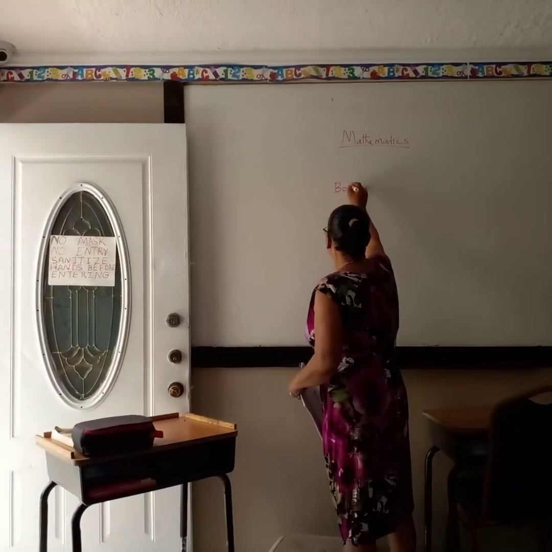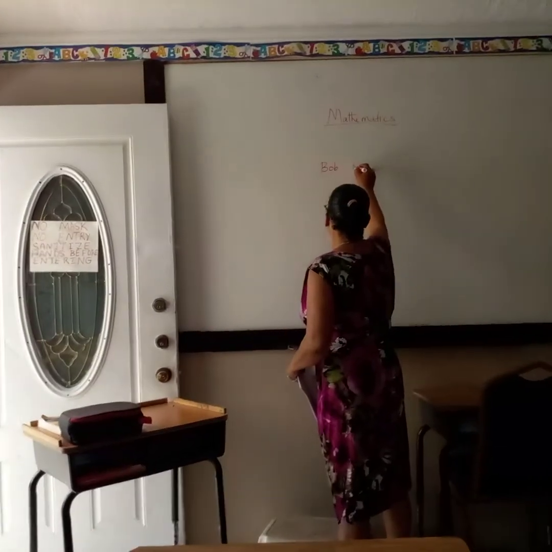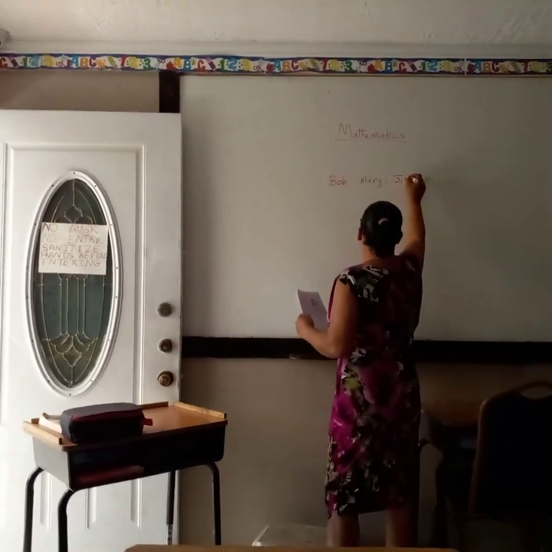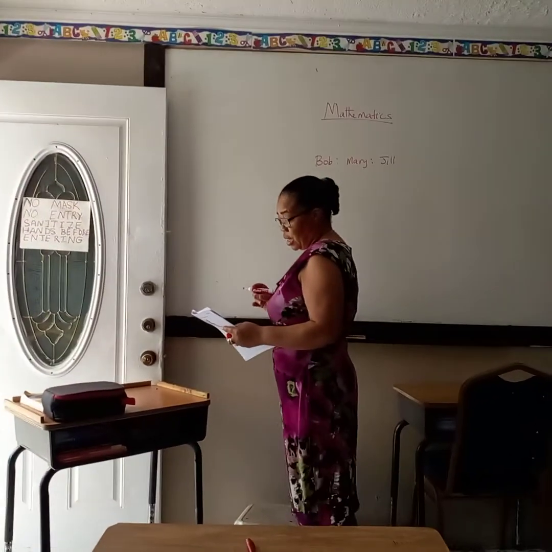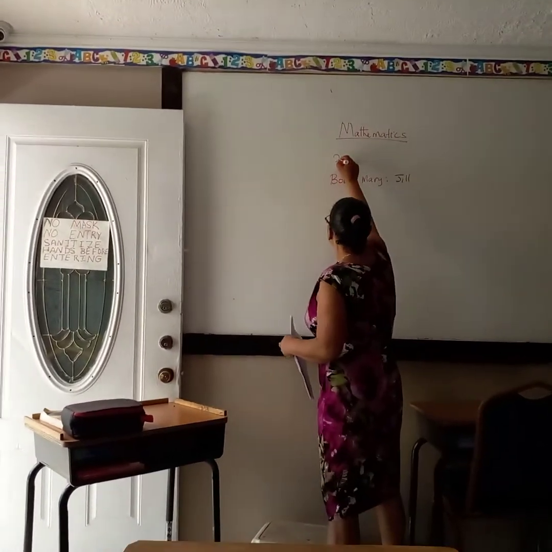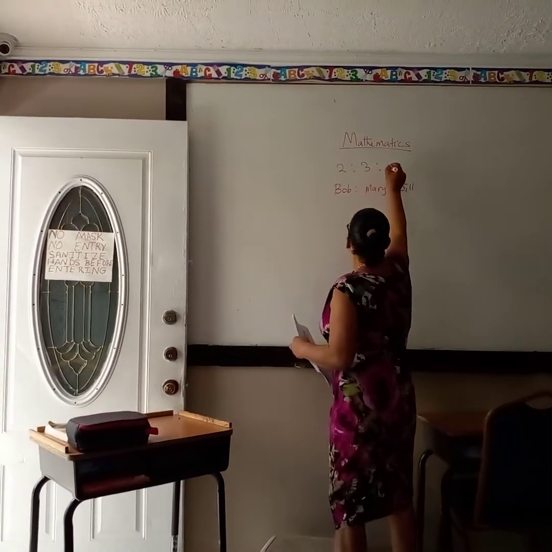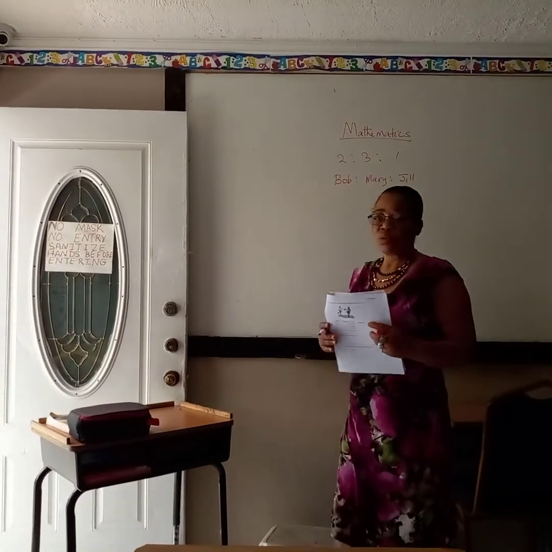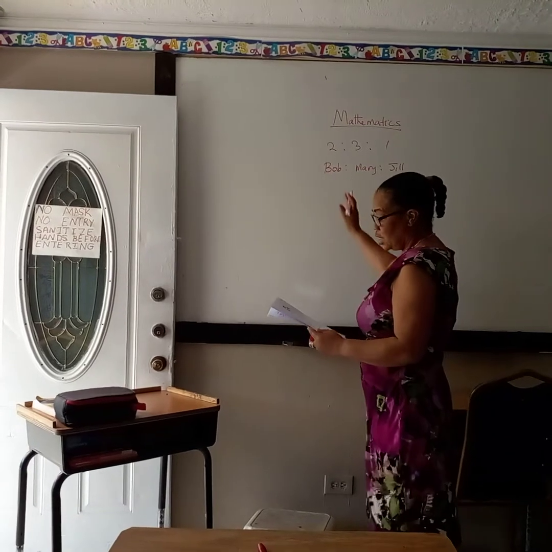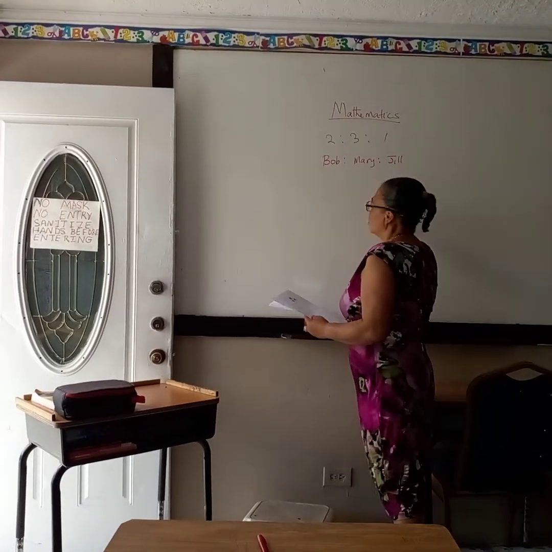It's Bob, then Mary, and then Jill. Remember, the ratio comes with the position the name holds. 2 to 3 to 1.